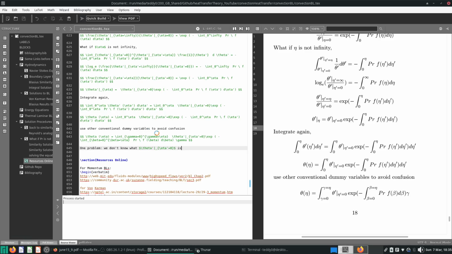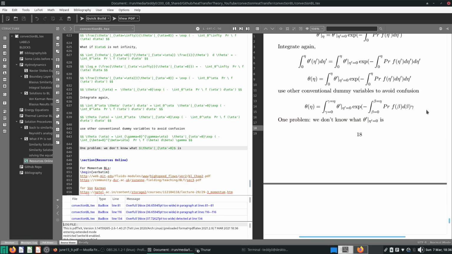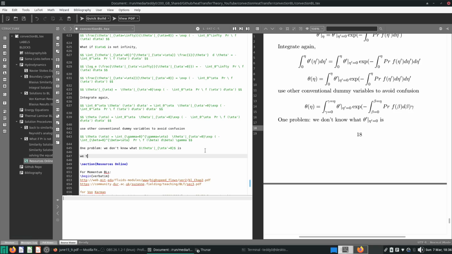So what do we do? We set this equation, and we take the limit. The second round of integrals, right? We take the limit of, we use the boundary condition.